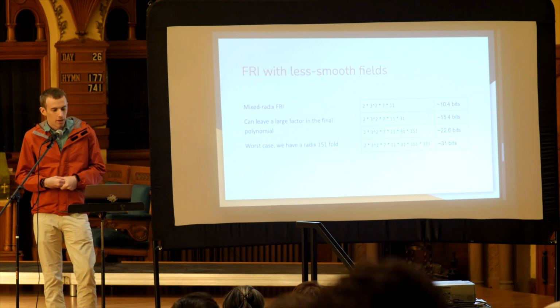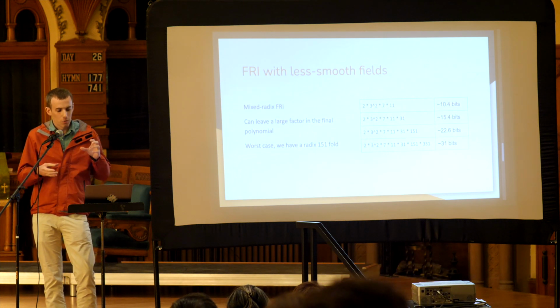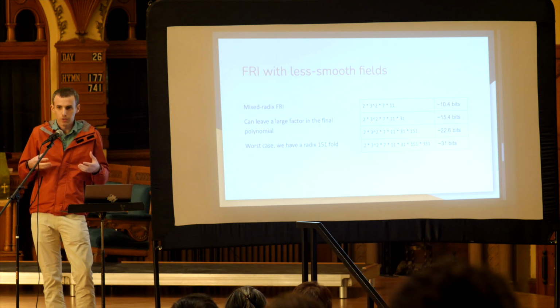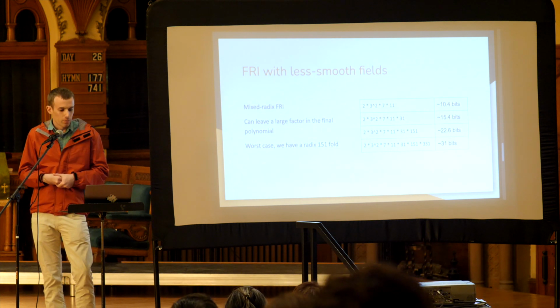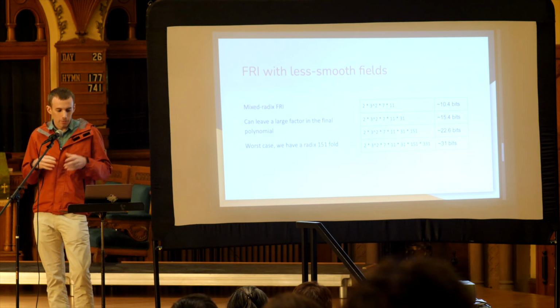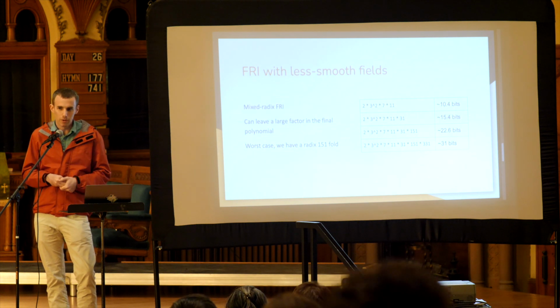And if we're not dealing with a very large circuit, then we can just stick to these small factors. We could use something like the second row if our circuit fits in 15 bits, and then we can run FRI on a relatively smooth subgroup. If we have a larger circuit, then it gets a bit harder because then we have to use one of these larger factors like 151.